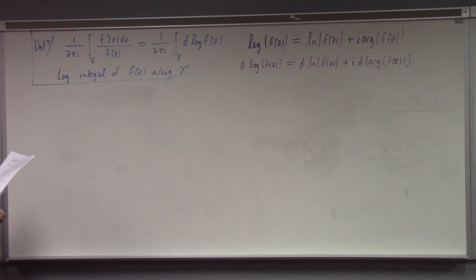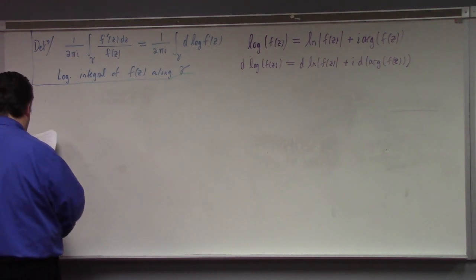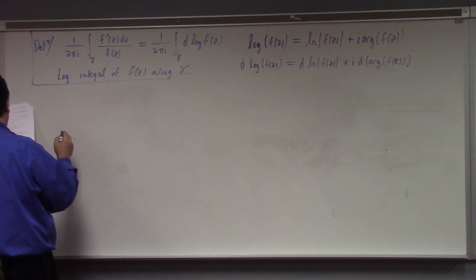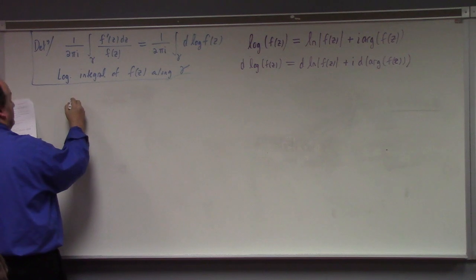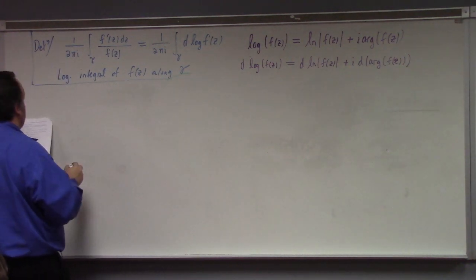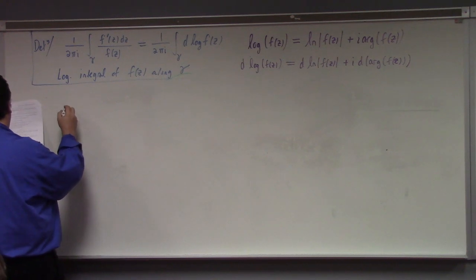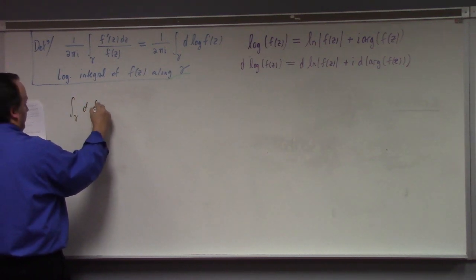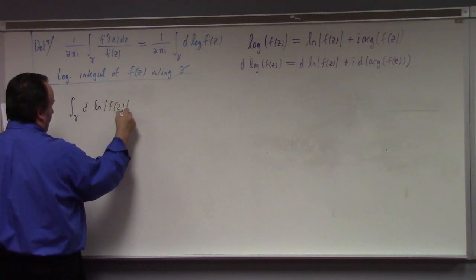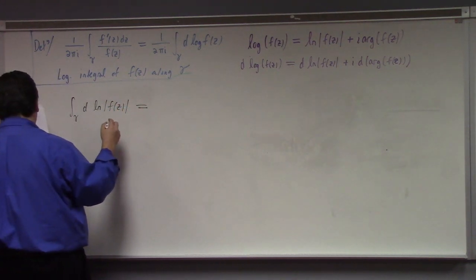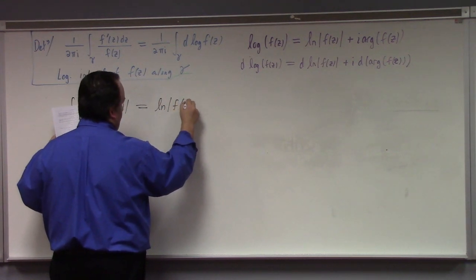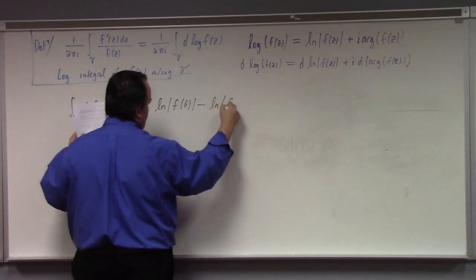Here we go. At this point, I point out that I'm essentially back to this point in the discussion. The integral of the derivative of the natural log of the modulus of f of z is equal to the natural log of the modulus of f of b minus the natural log of the modulus of f of a.